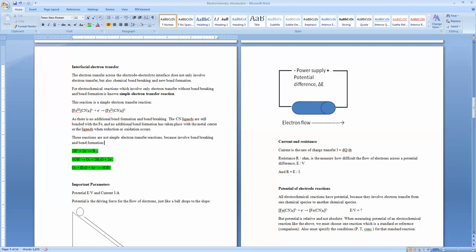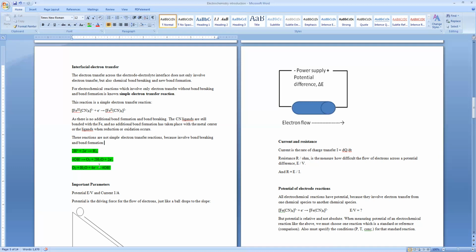And 2 hydrogen atoms must be bonded together before they become hydrogen gas. So all 3 reactions involve bond breaking and bond formation. They don't only involve transport of electron, but must involve bond breaking and bond formation.